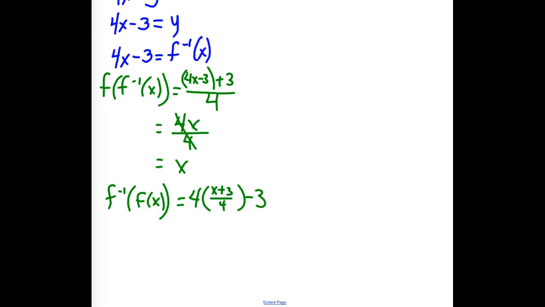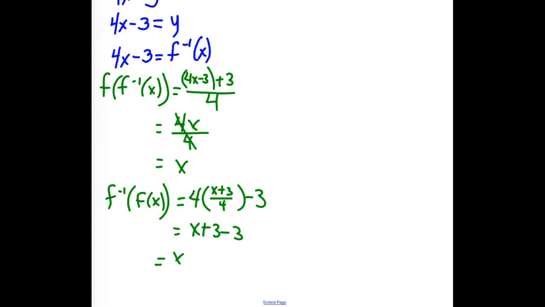Now what drops out first? Now the 4's have to drop out first. So we end up with x plus 3 minus 3, which then simplifies to just be an x. Okay? So we have proved algebraically that that inverse we found is truly the inverse of what we were given.